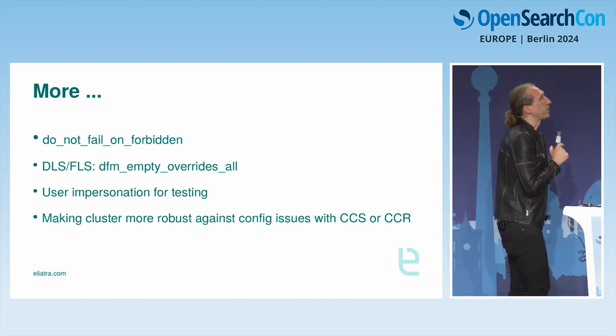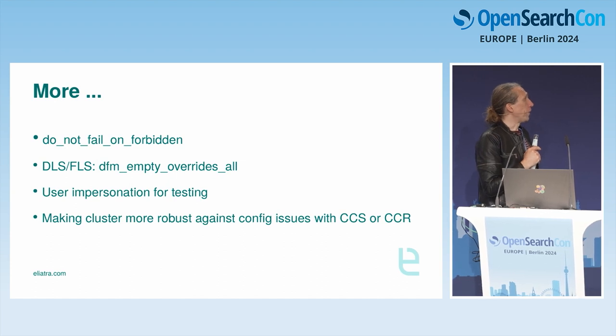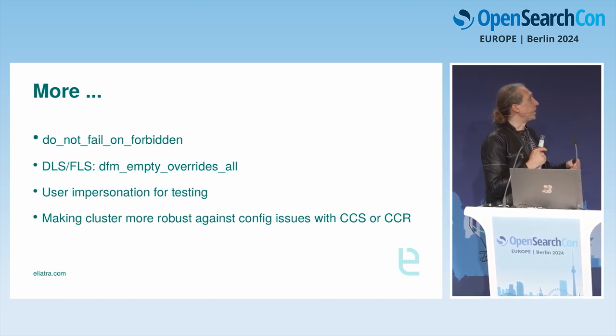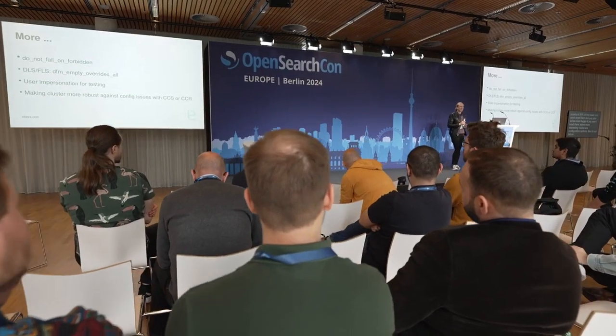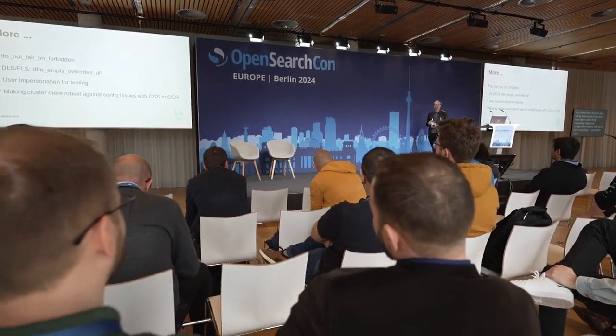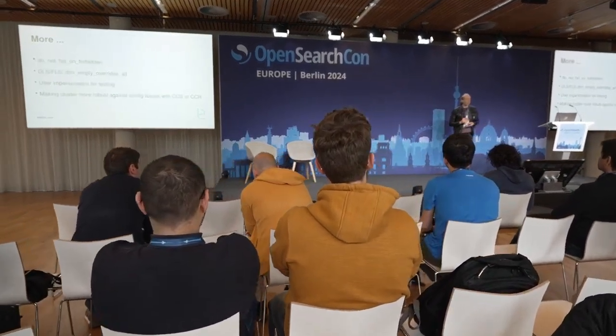Some more interesting topics are configuration options like do not fail and forbidden. I also didn't touch DLS FLS today, which also has interesting implications. User impersonation for testing is also interesting, or strategies for making your cluster more robust against configuration issues are some topics one could talk about.